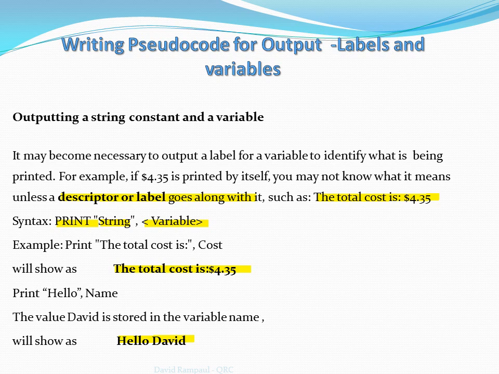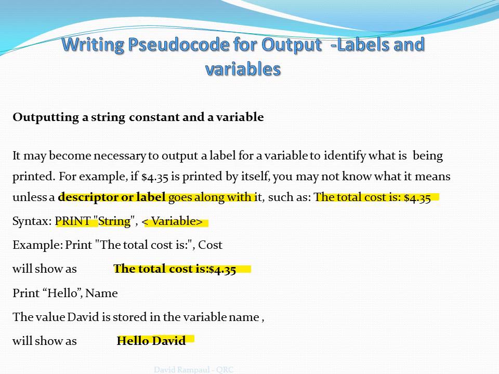For example, if 4.35 is printed by itself, you may not know what it means unless a descriptor or label goes along with it, such as the total cost is $4.35.